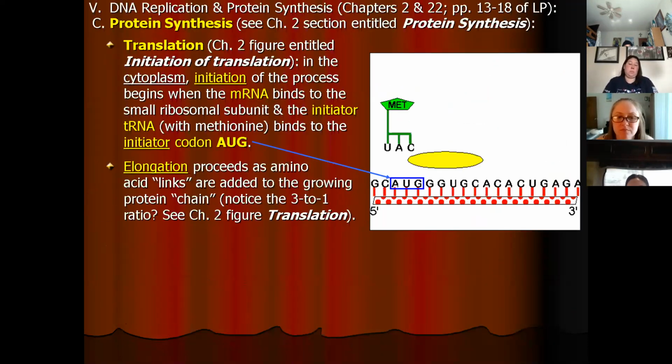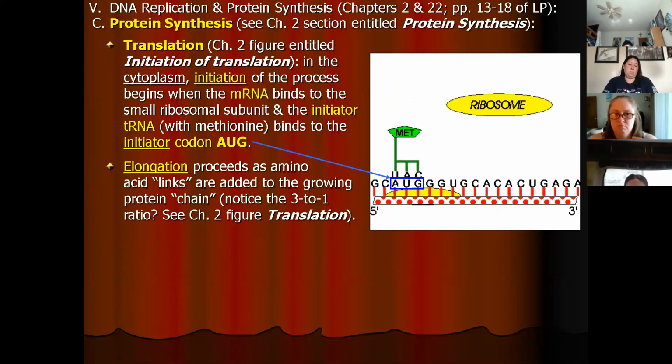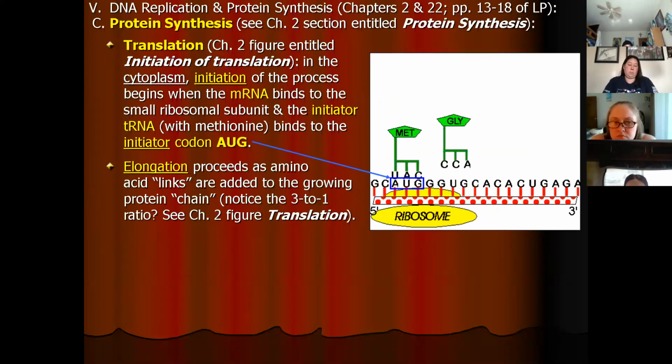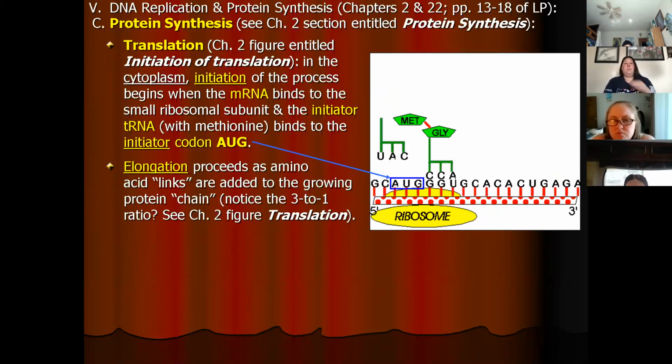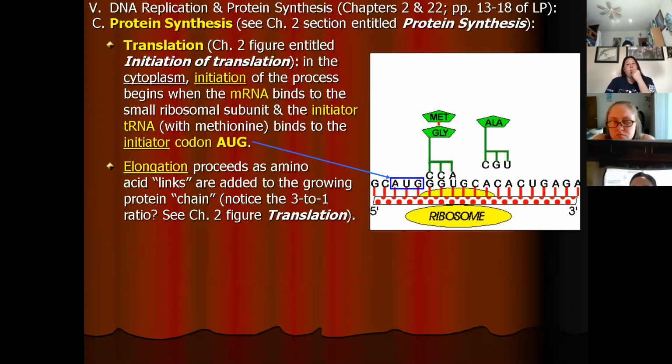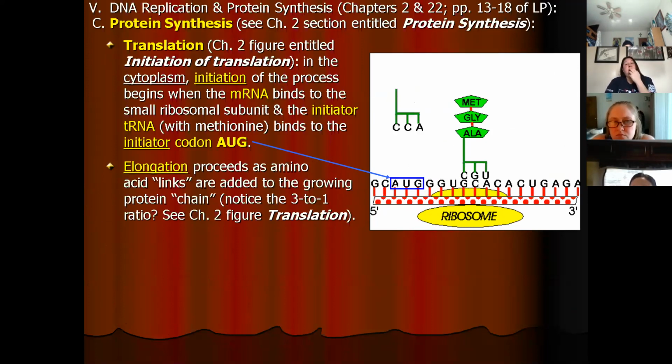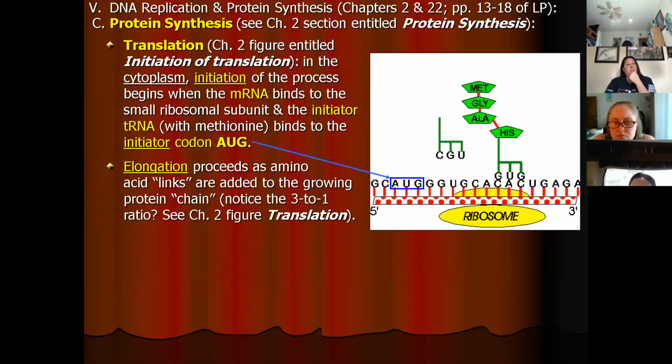Okay, here's initiation. Methionine is the first amino acid. Those are the 2 yellow blobs of the ribosome. Now watch it just shift 3 nucleotides over. You can see in red the covalent bond with the transfer RNA breaking and the new peptide bond forming.